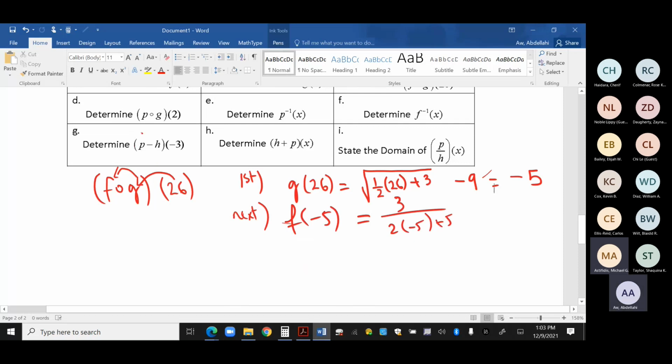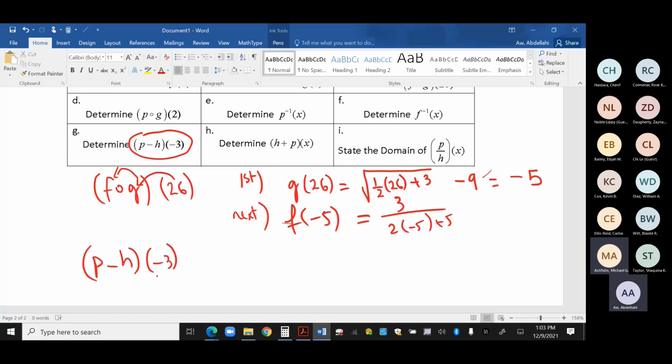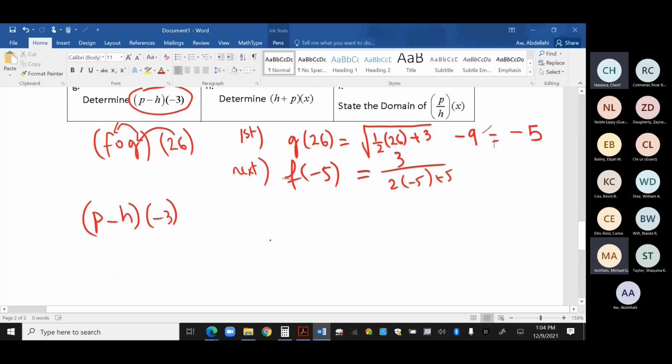Versus, for instance, this. When you say p minus h of -3, do we have an order of operations here? What you have to do first and then next? I think we're going to have p of -3 and then minus h of -3.